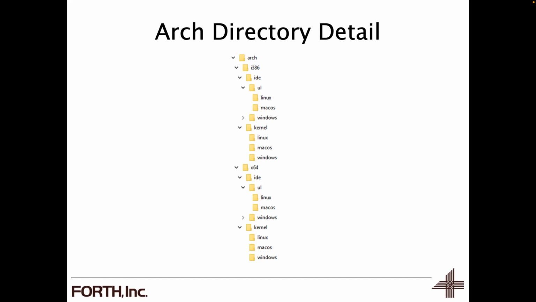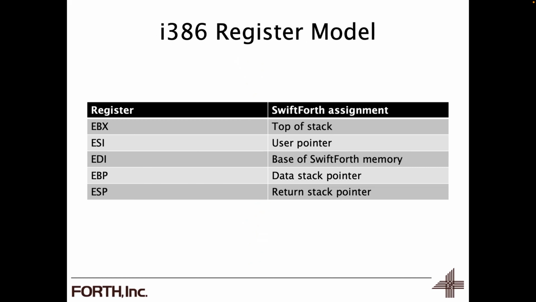And it turns out that was a relatively small amount of source compared to all the source that's in common, which is the way we like it, right? We want to keep it as top heavy as possible, with as little duplication as possible, because that's a maintenance nightmare. And you don't see the ARM64 directory here yet because it's empty, but soon that will be populated. So the next thing to do is to consider the register model.